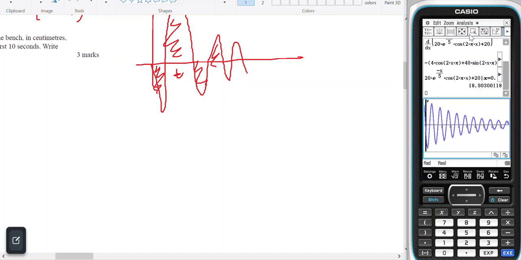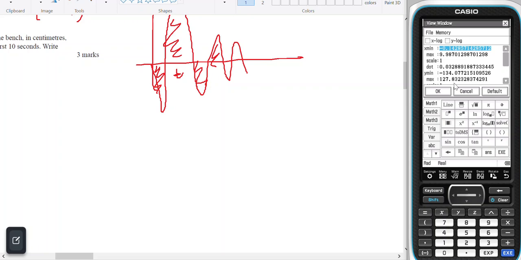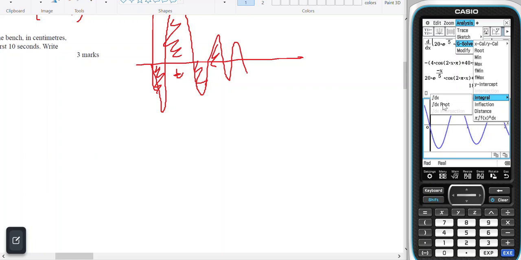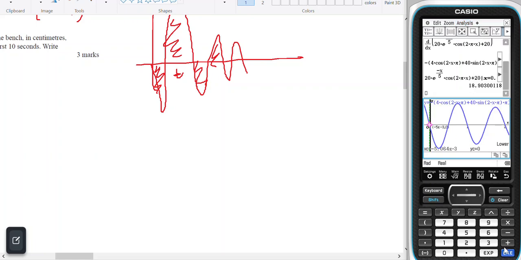If I get my graph and change this to 2.1, I'm looking for that plus this plus this plus this. I could do analysis, G-solve integral from the roots, except the first one, come across and accept the fourth one, which is 1.99 or 2.